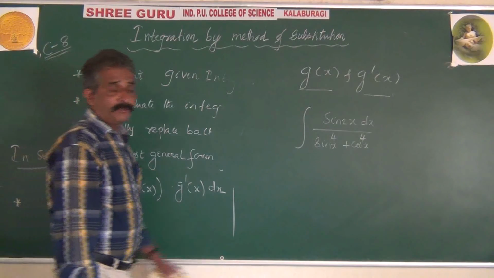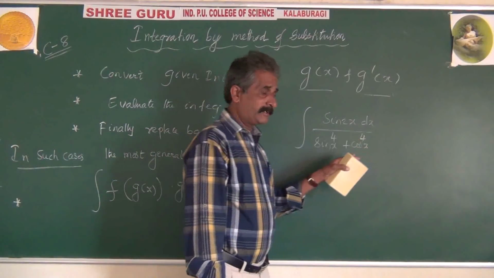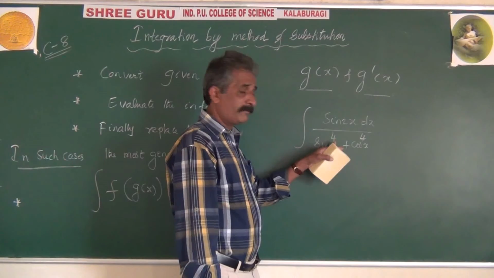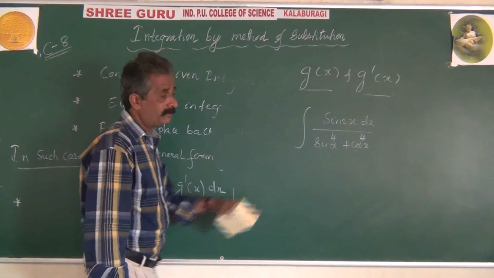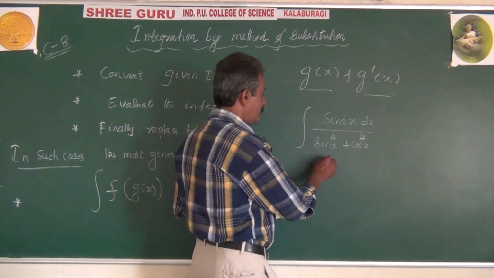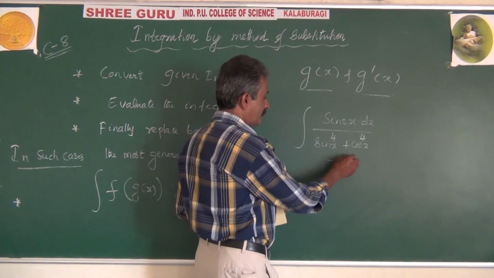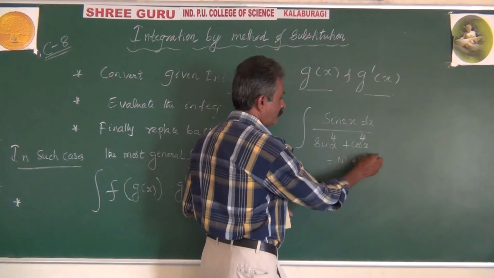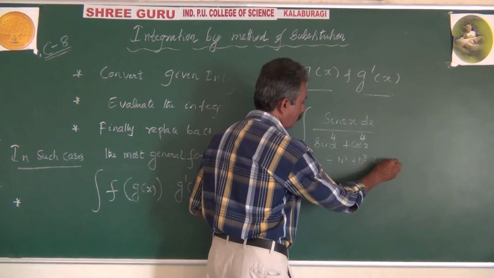Presently we cannot apply any of the earlier methods, because this kind of expression doesn't come under type 1 or type 2. What we shall do is divide numerator and denominator by cos x power 4.